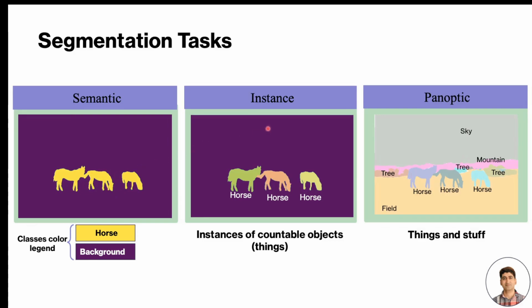In the center, we have the instance segmentation output, where we are able to generate segmentation masks for each instance of the class horse, and therefore we are able to separate them from each other. On the right, we have panoptic segmentation that works on both things and stuff. So not only are we getting these instance segmentation masks for each horse, but we are also getting the segmentation mask for stuff like sky, mountain, tree, and field.